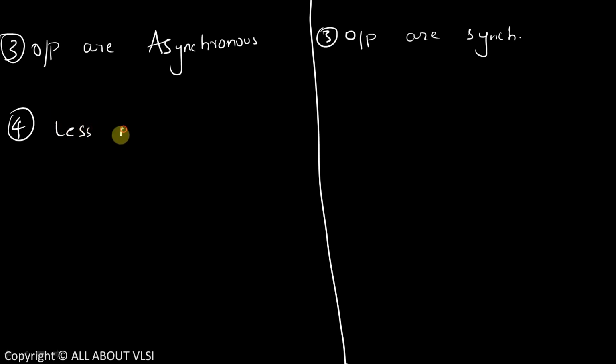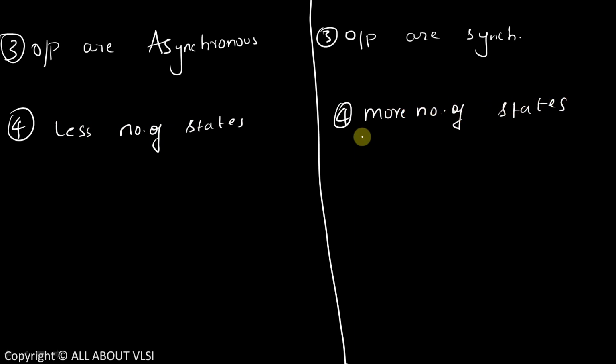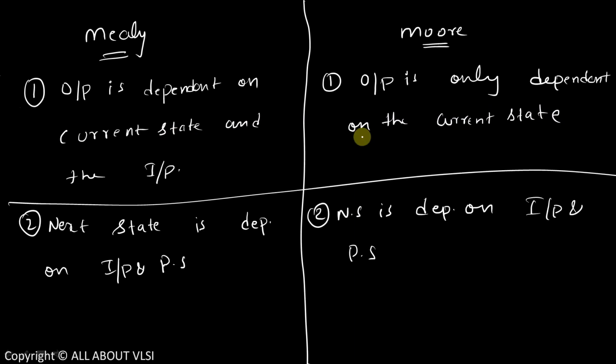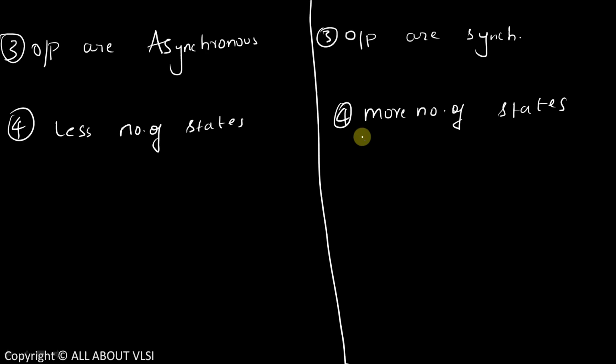In the case of Mealy FSM, your outputs are asynchronous, whereas in the case of Moore FSM, your outputs are synchronous. So these are a few differences between Mealy FSM and Moore FSM.